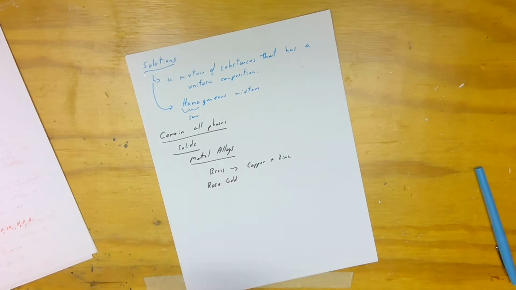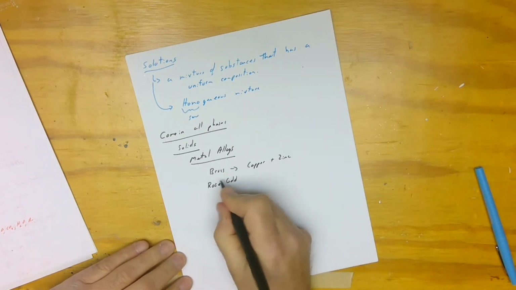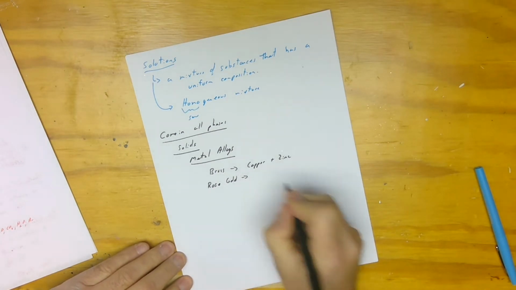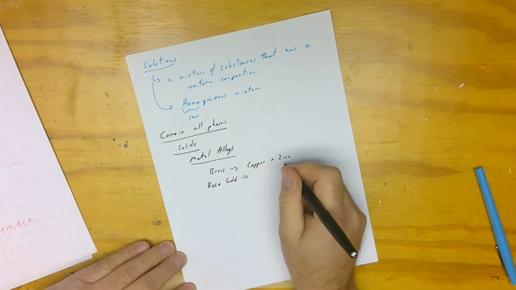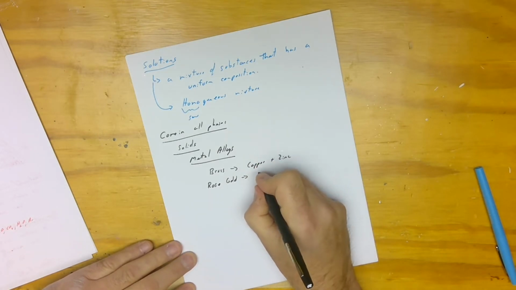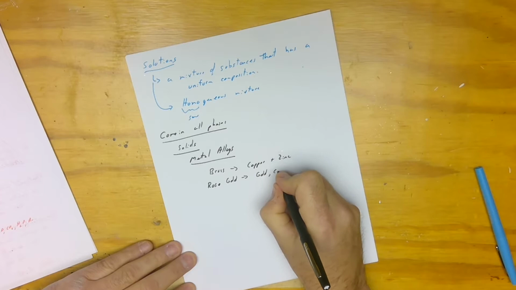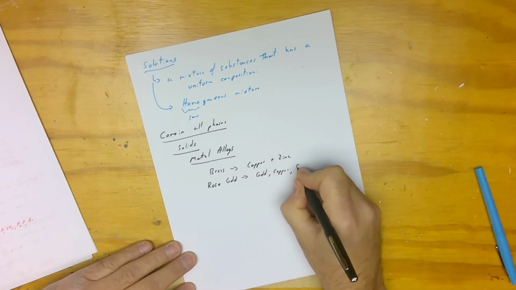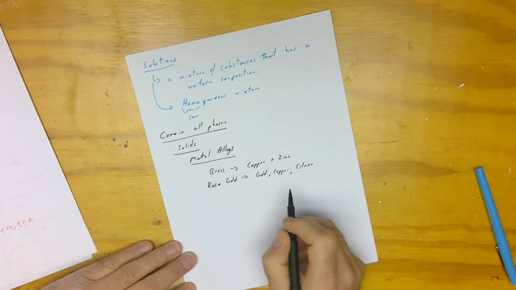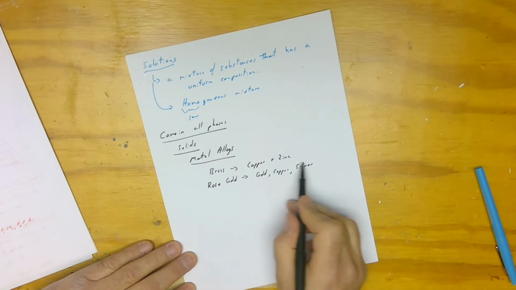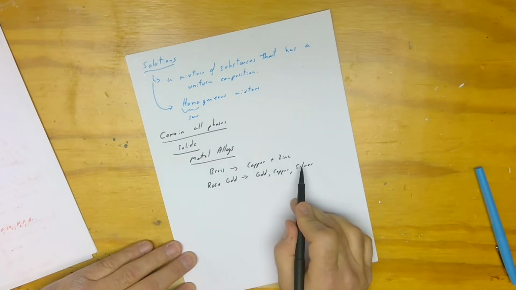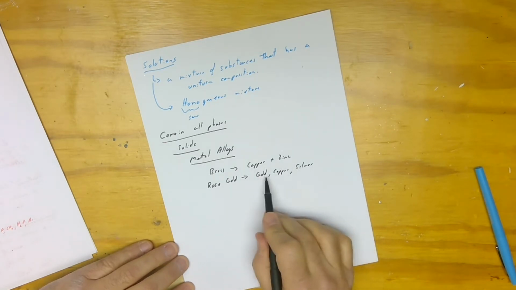There are different colors of gold now that we can get in our jewelry. So this rose gold is really just a solution of gold, copper, and silver.